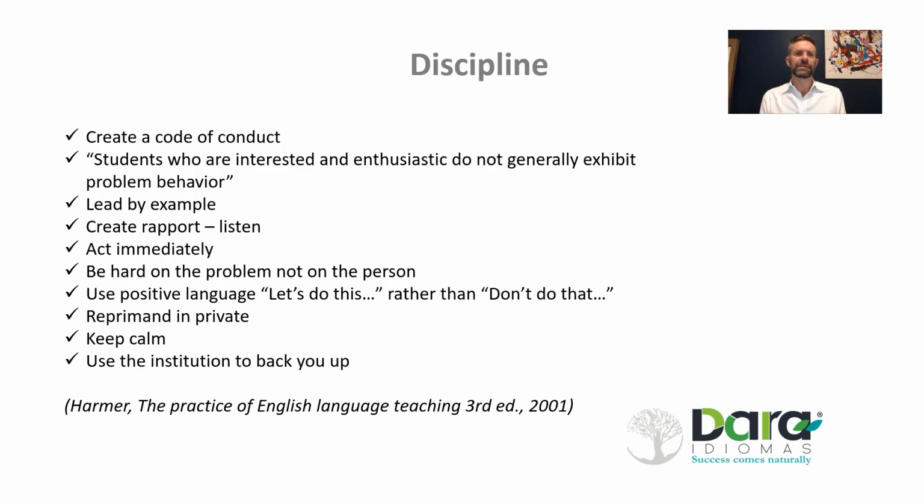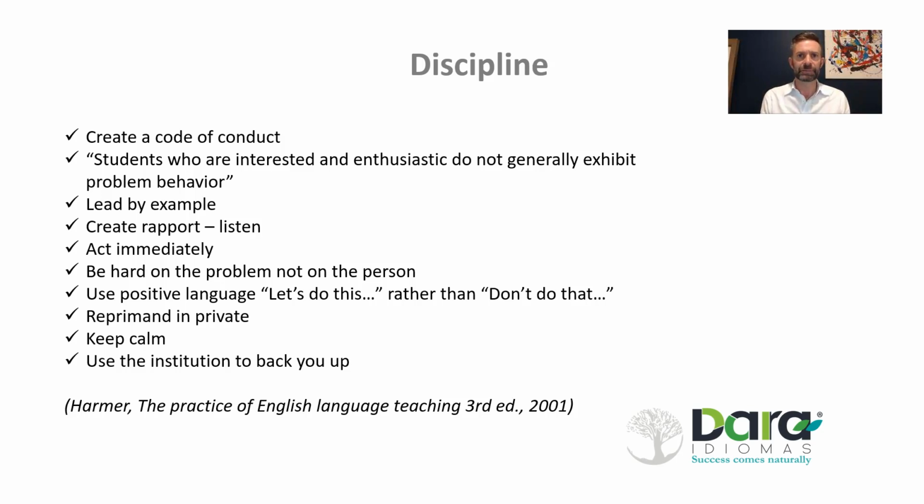The second element, which I've put in inverted commas, is actually a quote from Jeremy Harmer, whose book I've taken these ideas from, chapter 9 of The Practice of English Language Teaching. He says, students who are interested and enthusiastic do not generally exhibit problem behavior.